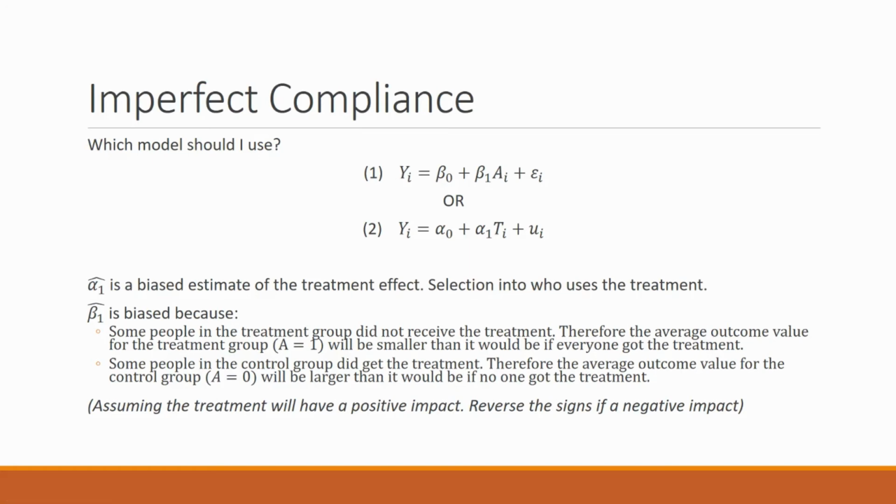But the problem is that beta 1 hat will be biased too, because some people in the treatment group didn't receive the treatment, and some people in the control group did receive the treatment. And so either way, we're going to have bias. So if we have imperfect compliance, our estimate of our treatment effect will still be biased.